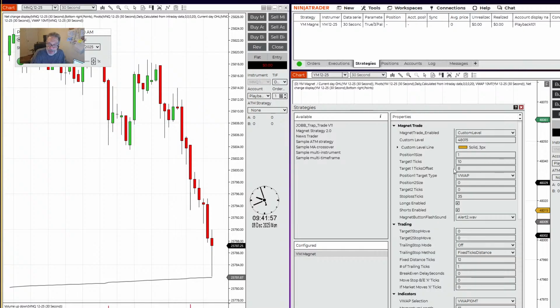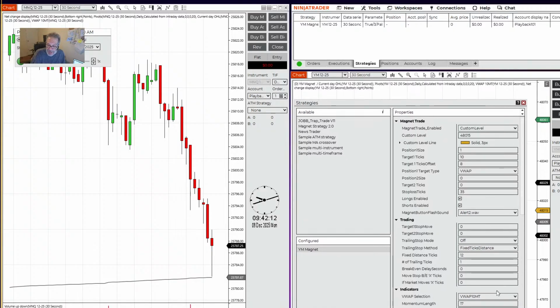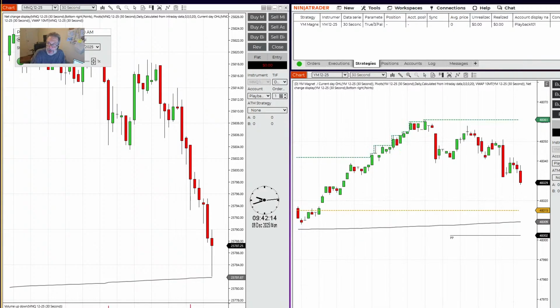So my target offset is 8. So that means it should go 8 ticks through the VWAP, is what I thought. That's what I thought. So I'm not seeing that, so I have to talk to the programmer. Our target should be past the VWAP.